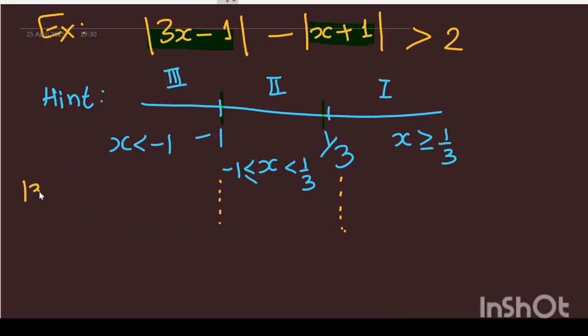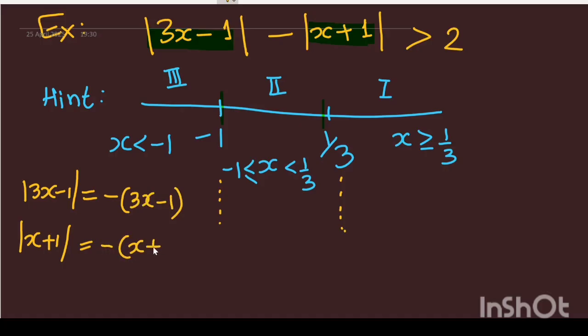So 3x minus 1 and mod of x plus 1, guys. Their definition, that is when they will give plus and when they will give minus, depends on the interval. Let's say in the third interval x is less than minus 1, so definitely 3x minus 1 also will give minus sign. x plus 1 obviously will give minus sign.